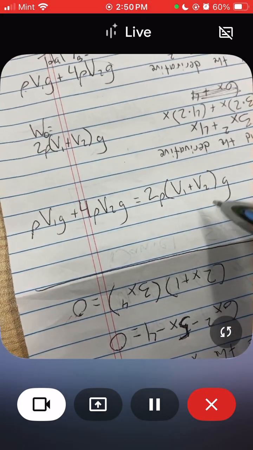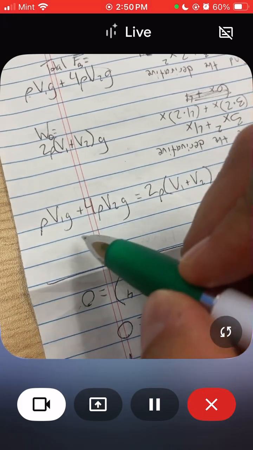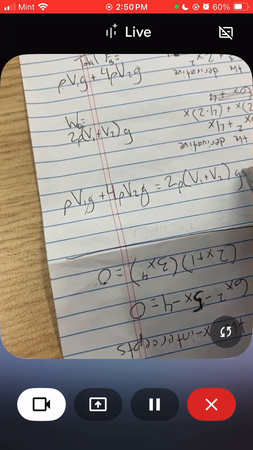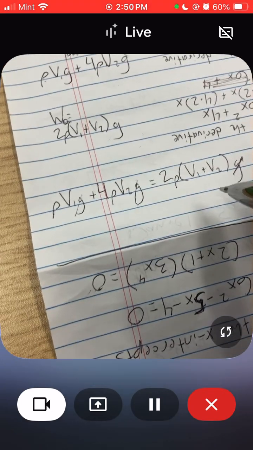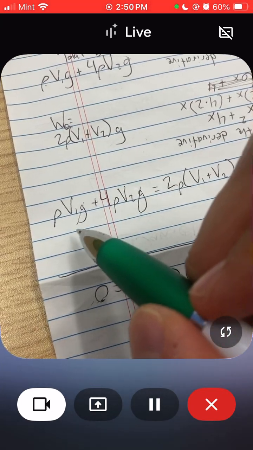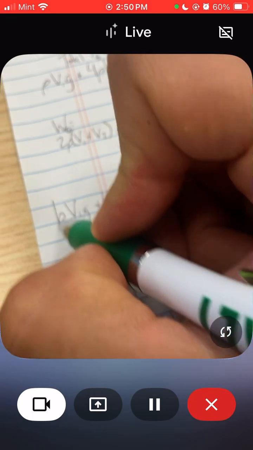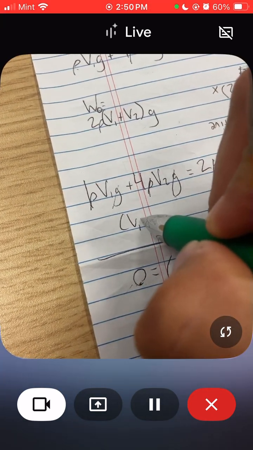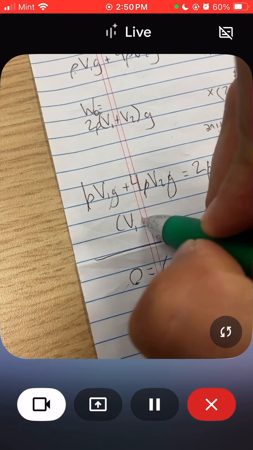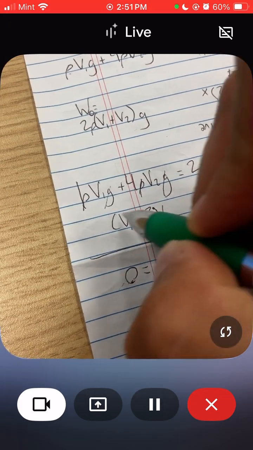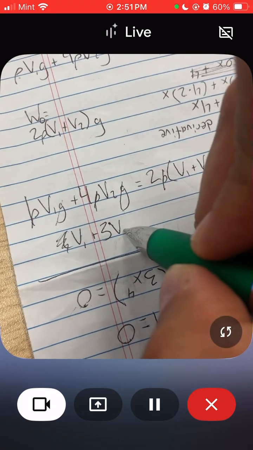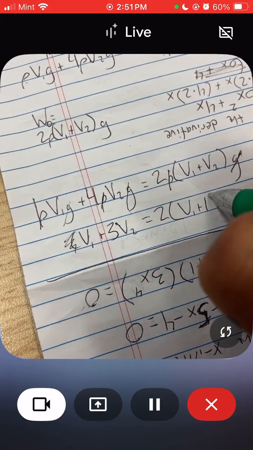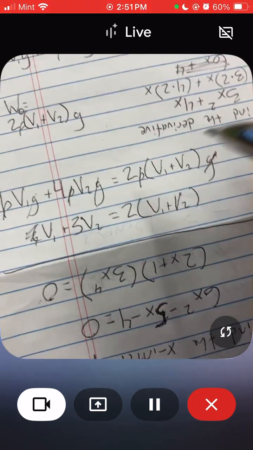So I wonder if we just cancel out all of these g's, and then we take off 1 rho, and we're left with V1 plus 3V2, I guess, equals 2 V1 plus V2. Is that right so far?